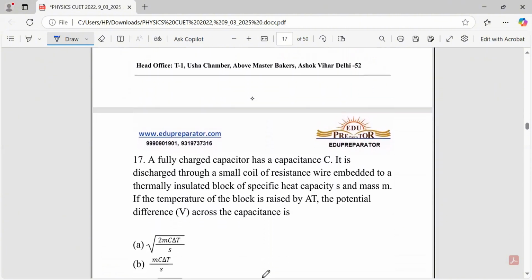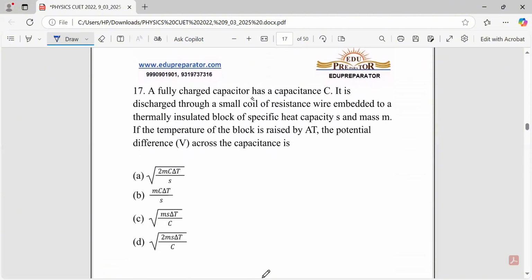Now let us move to question number 17. Question number 17 is saying a fully charged capacitor is discharged through a resistance. Remember that? Energy in capacitor will be equal to the heat energy.